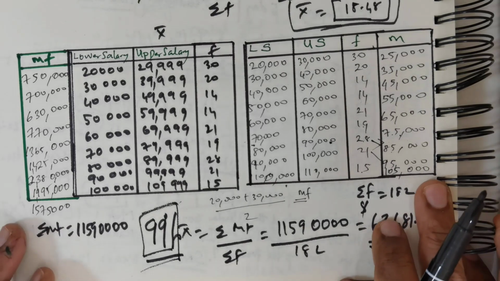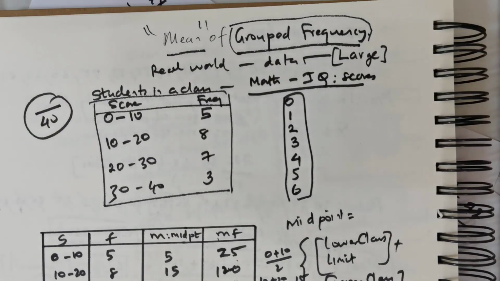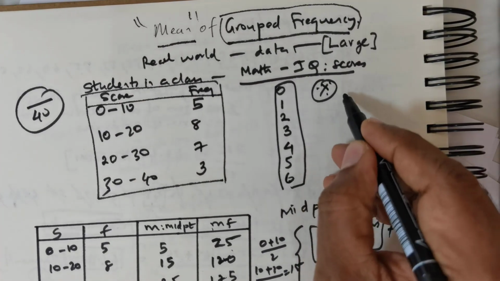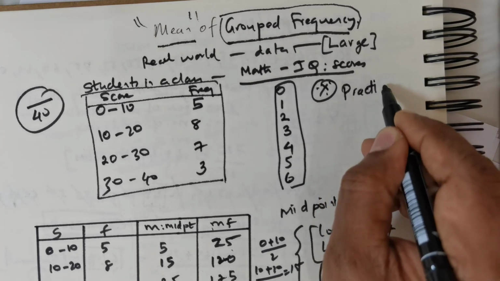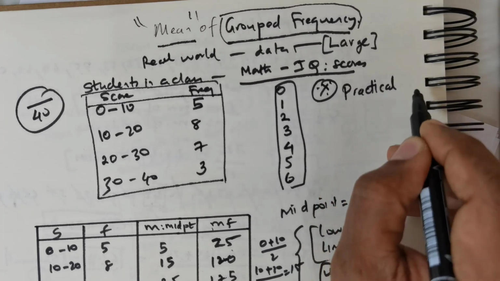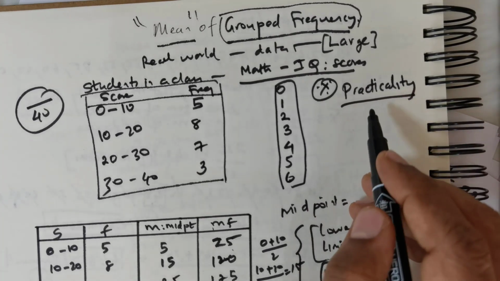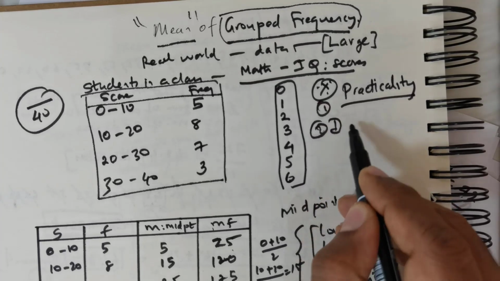Now you might be wondering, why do we need to learn this? Let me give you these important advantages. First is that in the practical world, this is the most practical technique, very efficient. Number two, easy data management.